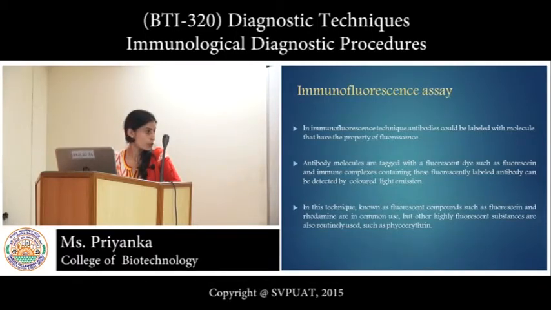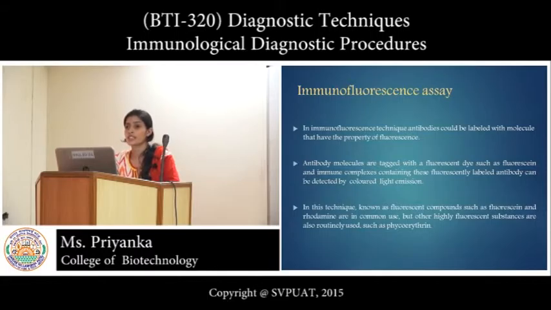Third and last is immunofluorescence assays. We use fluorescent molecules for this detection method. As in ELISA we use enzymes, and in RIA we use radiolabeled antigens, in immunofluorescence assays we use antibodies that are labeled with fluorescent molecules. So what are fluorescent molecules? Fluorescent molecules are molecules that produce fluorescence.